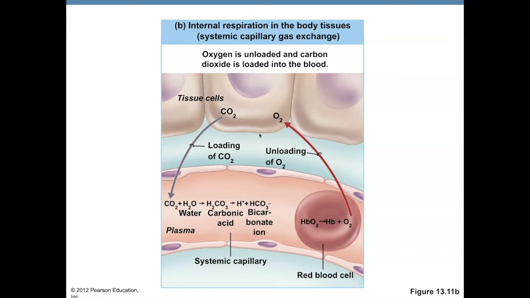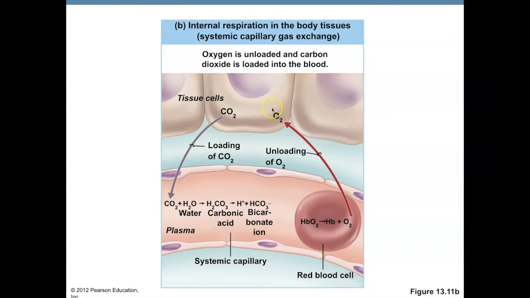And so with internal respiration, just like we had capillaries in the alveolar ducts allowing gas exchange in the lungs, we have capillaries connecting the bloodstream, our arteries and veins, to every single cell in our body. That's what those tiny little capillaries are for, so they can do this gas exchange.